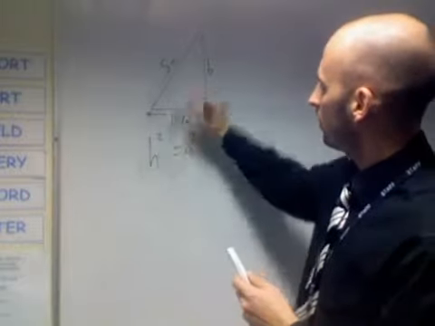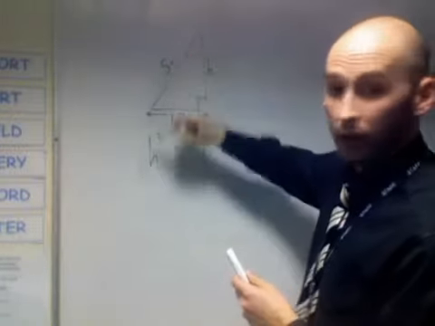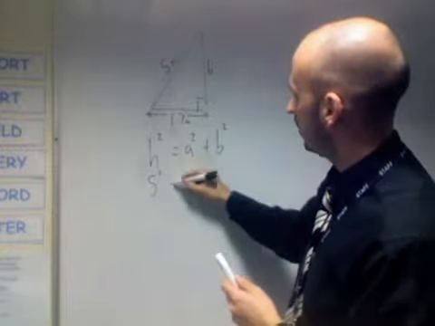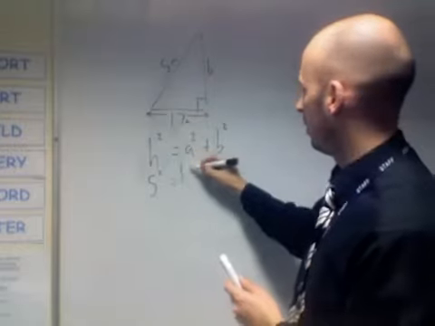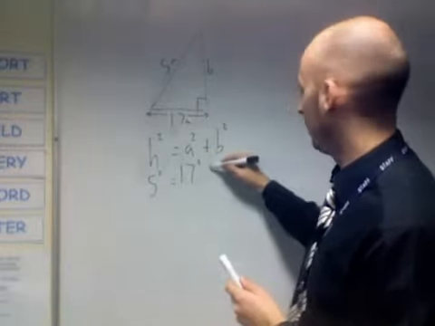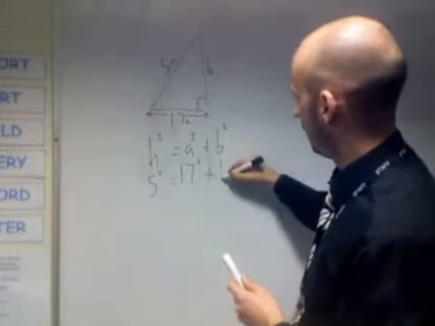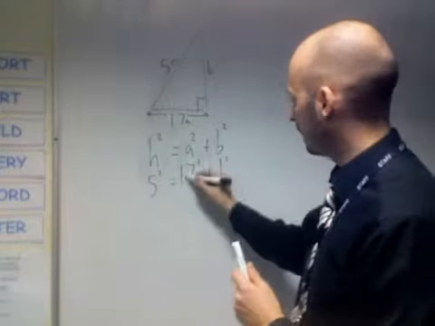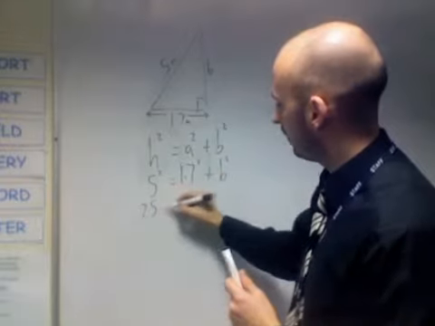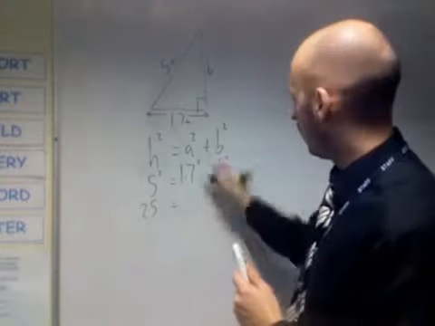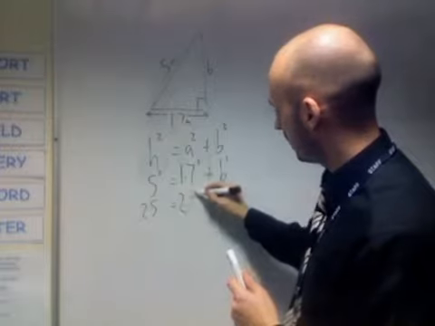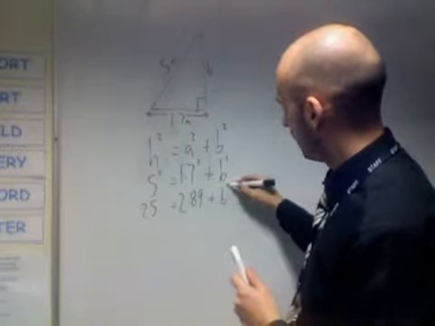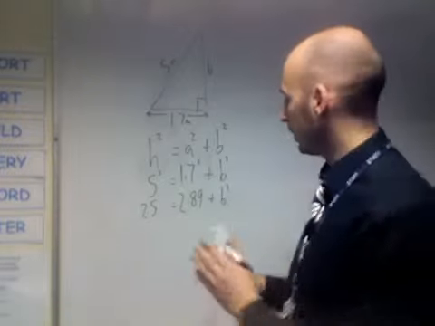So we know that h squared, 5 squared, is equal to 1.7 squared plus b squared. We don't know what b is. So 25 equals 1.7 squared, which is 2.89, plus b squared.